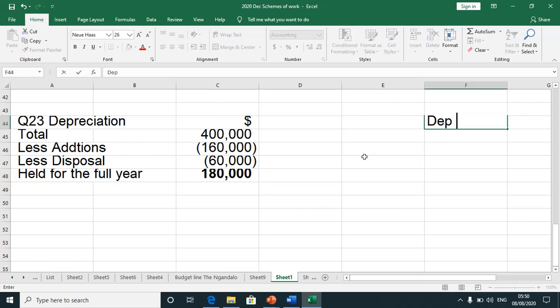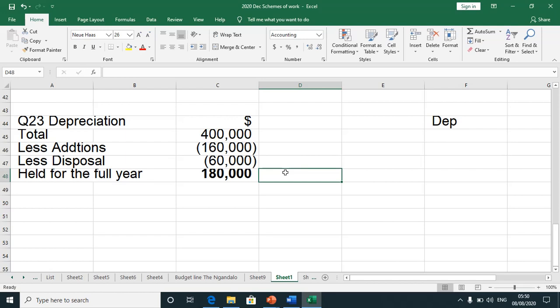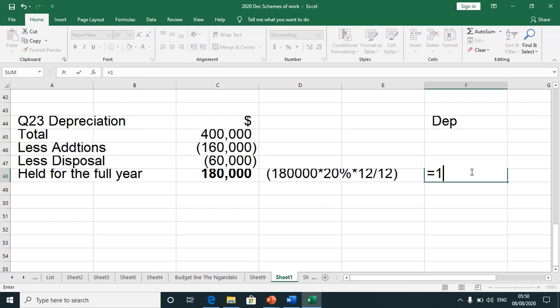Because I'm not using the whiteboard, I'll be doing the work here so that you can see what is going on. So I'll do 180,000 by 20% multiplied by 12 divided by 12, meaning that I held these assets for the full year. This is as good as saying 180 multiplied by 20%.